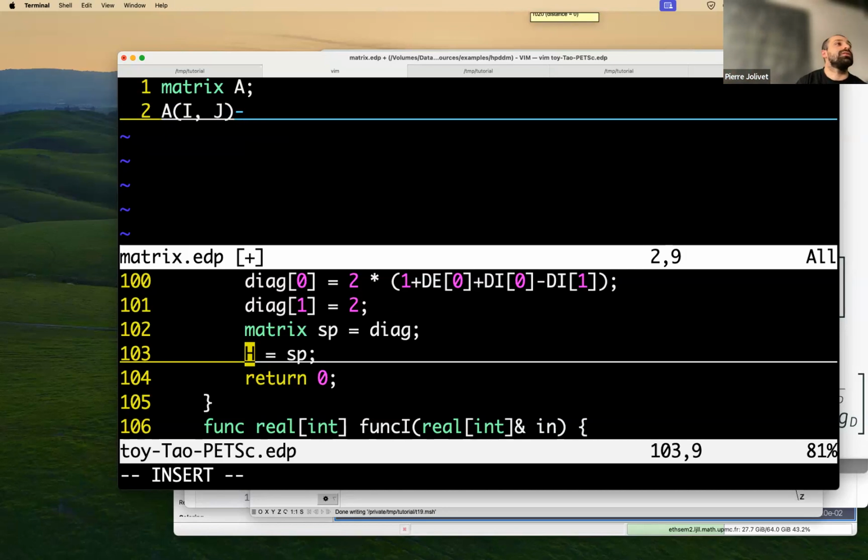Sometimes it's confusing when I'm using Dirichlet on an element. What does it mean? Yes, that's true. But you'll have the same issue with extracting part of the matrix.